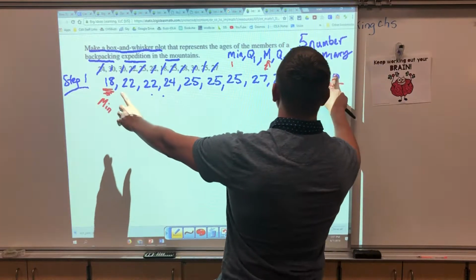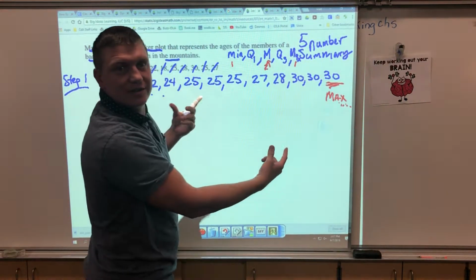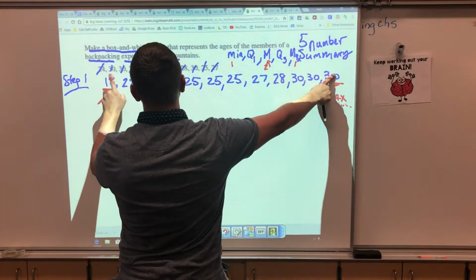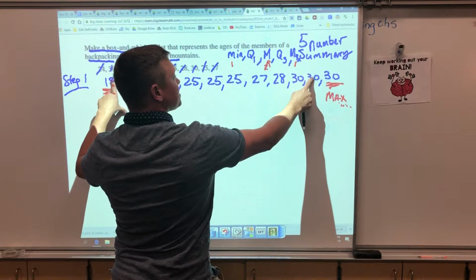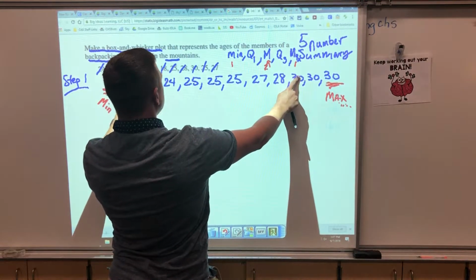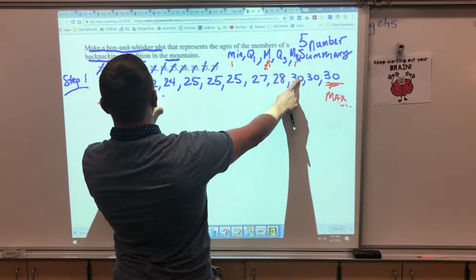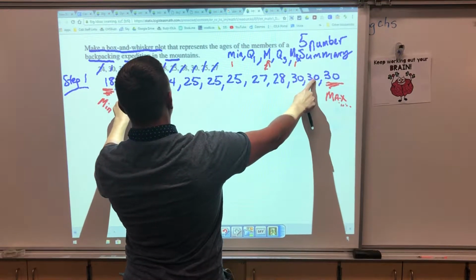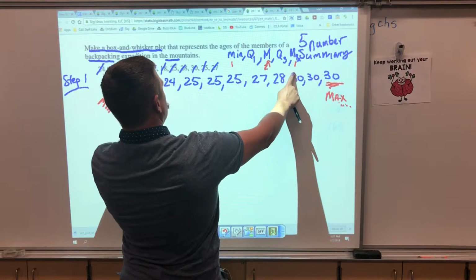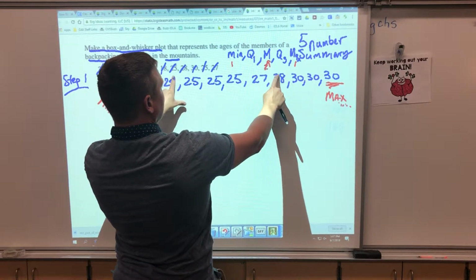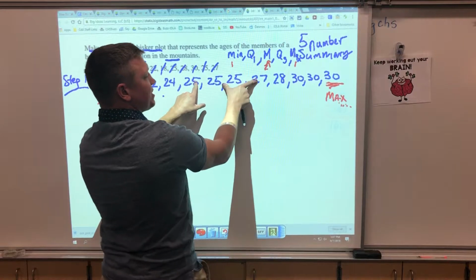So I'm going to use my fingers. On my paper, it's a lot easier to do this. So I go this one and this one, cross it out. This one and this one, cross it out. This one and this one, cross it out. I'm moving my fingers to the middle. So I'm right here and right here. So 3 in. Cross out, cross out, cross out, cross out, cross out. Oh, there are 2 numbers in the middle.